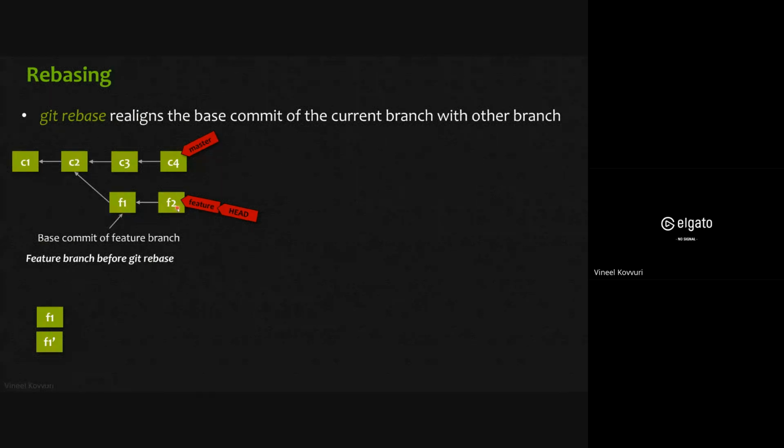Now, generally, F1 is called the base commit of the feature branch, because that's the commit where your new feature started developing, right? So the word rebase means you essentially change the base, which is pointing to C2, to C4, like this.